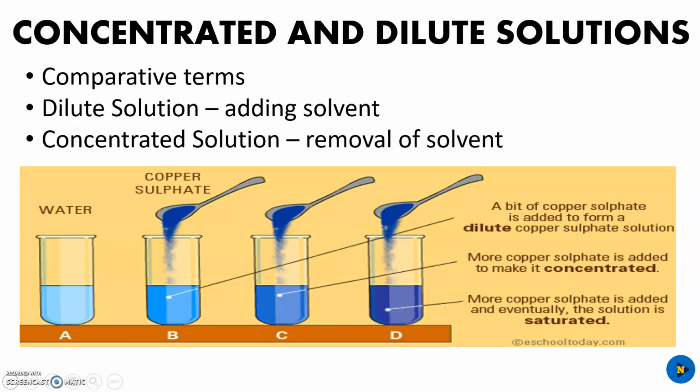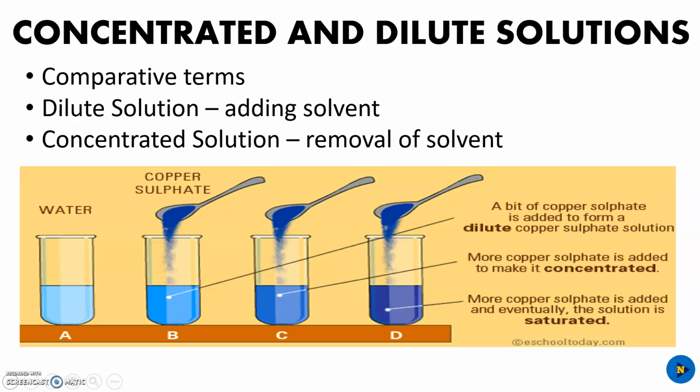In sample C, we're adding even more, so comparatively, flask C is more concentrated than B. We can also say that B is more dilute than C. And eventually we add copper sulfate to the maximum amount which can be dissolved to make it saturated.